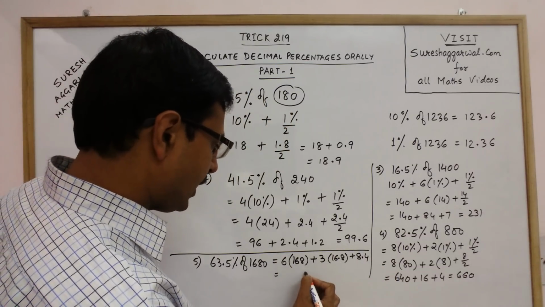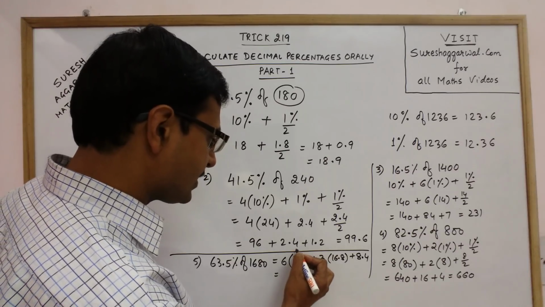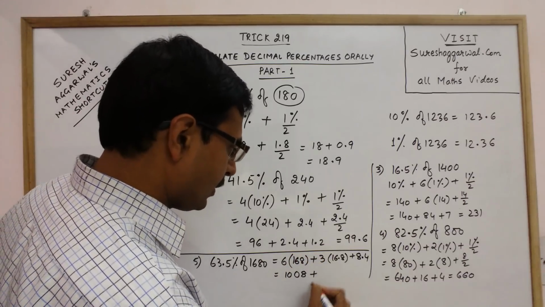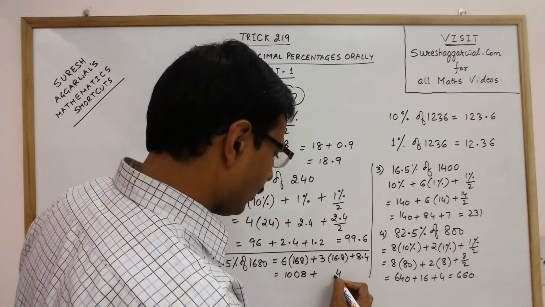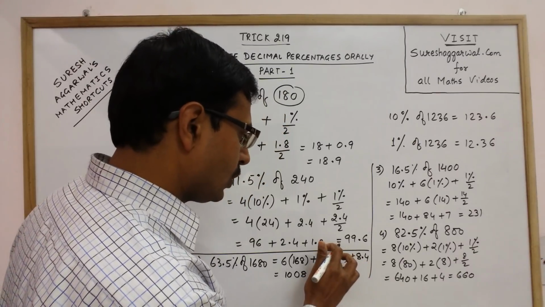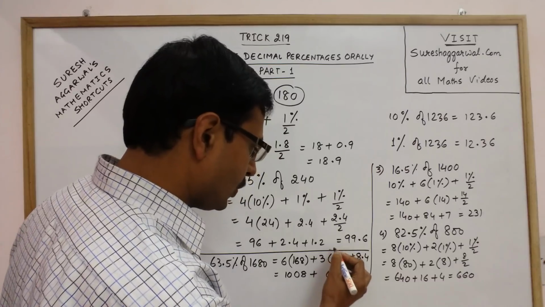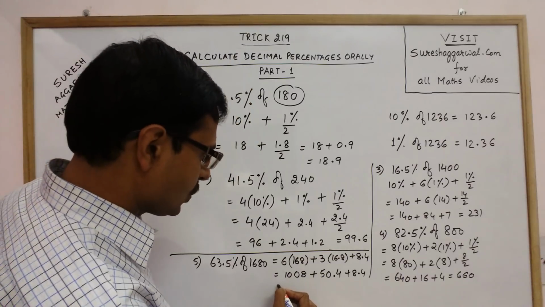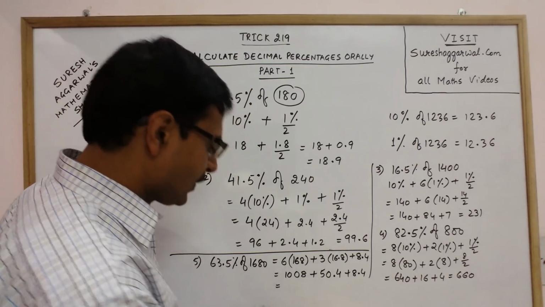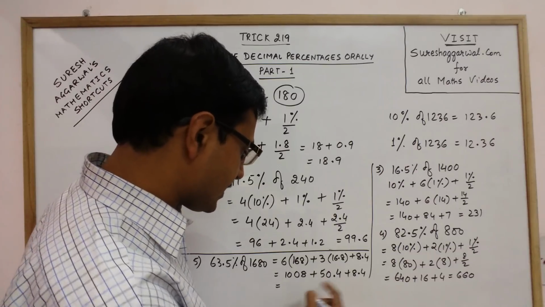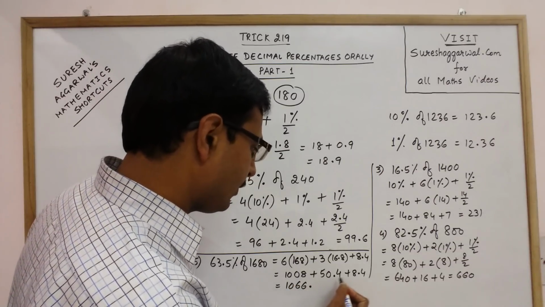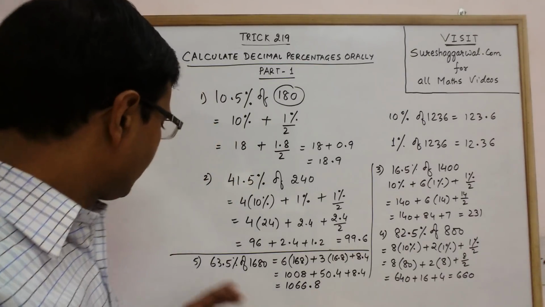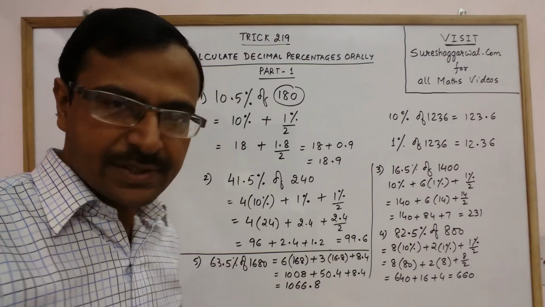So adding these up, in the final step you have the answer: 1066.4 plus 4 is 8. So 1066.8 is 63.5% of this number 1680.